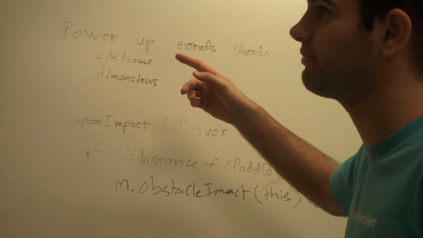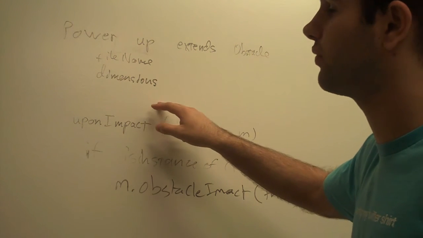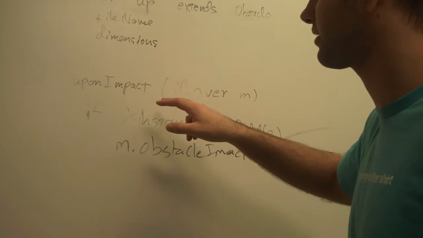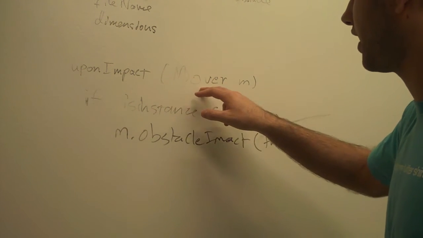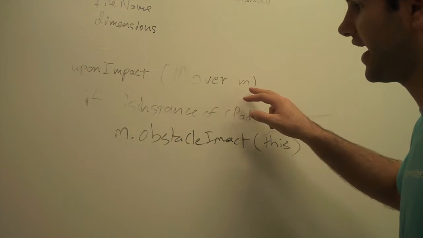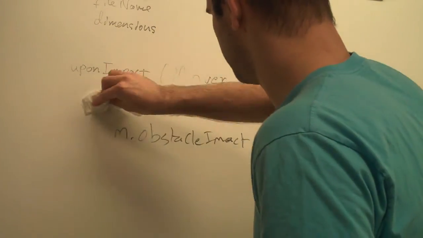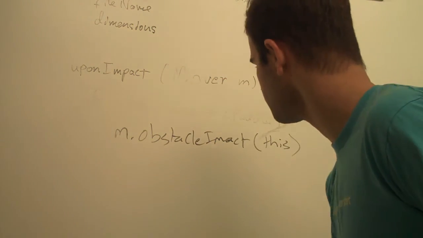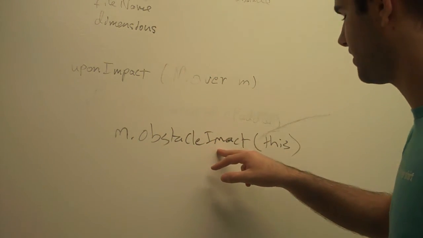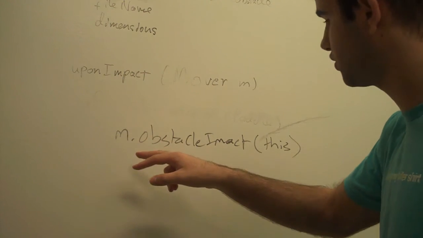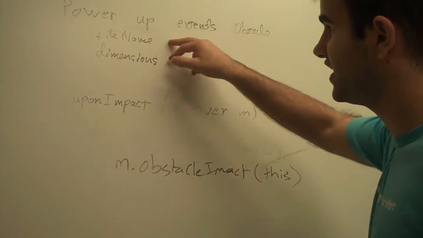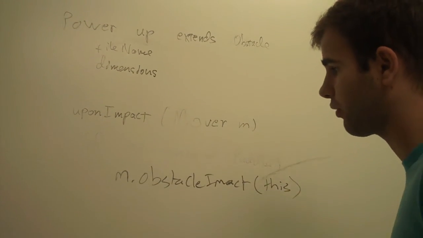If there is an impact, we're going to call the uponImpact method, which will take in a mover, and it's going to call the obstacleImpact method that belongs to the mover for this particular object, so this power-up.